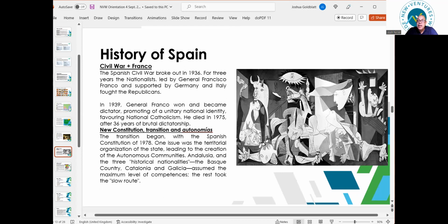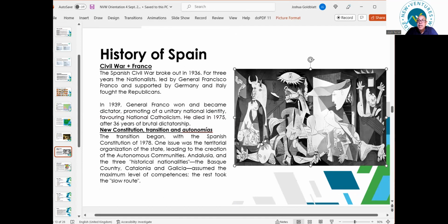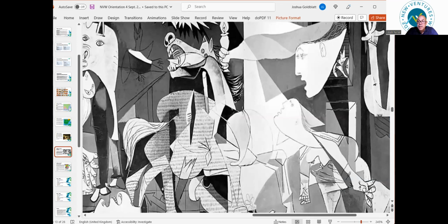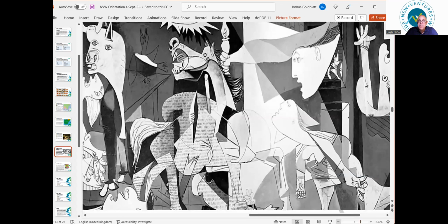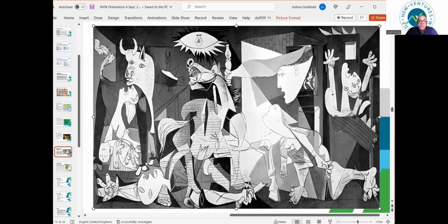And one of the artists who was very heavily influenced was Picasso. And this is a famous painting called Guernica. Guernica is a village in the north of Spain. In fact, it's very near Tolosa, Ibarra, Álava, Bilbao.